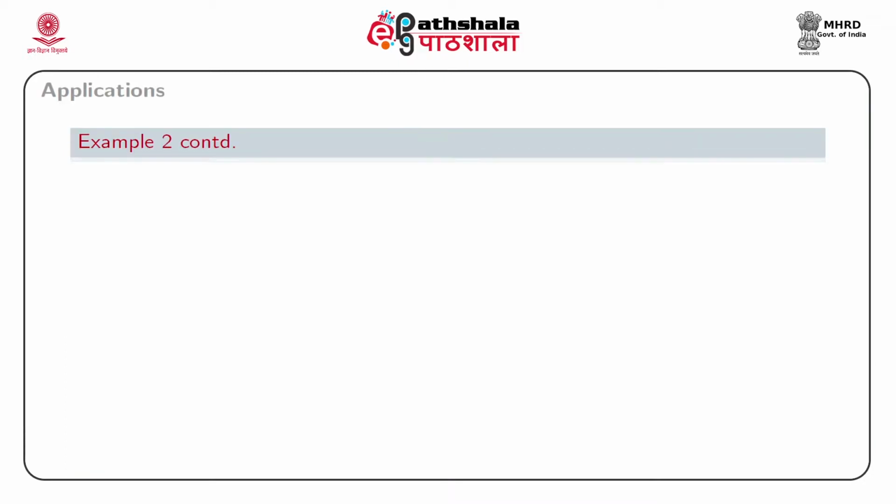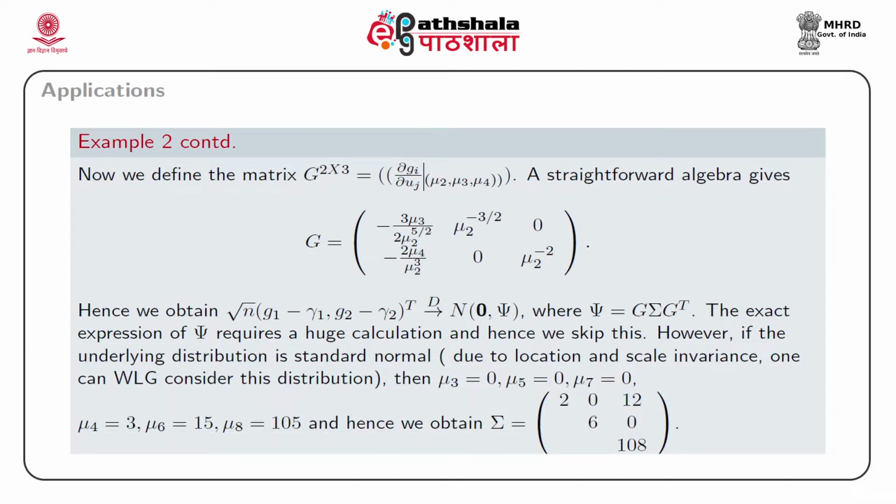Now, after defining a vector valued random variable, we need to evaluate the 2 cross 3 matrix G, that is a matrix G with elements del Gi, the partial derivative of Gi with respect to uj, evaluated at mu3, mu2, mu4, and a straightforward algebra gives the 2 cross 3 matrix G as given in the text.